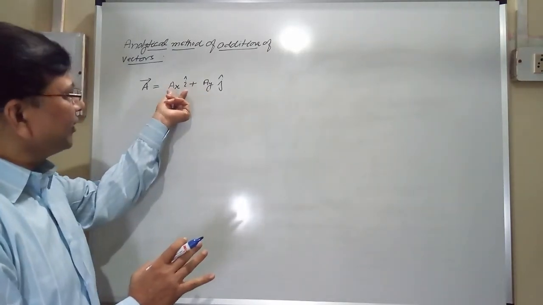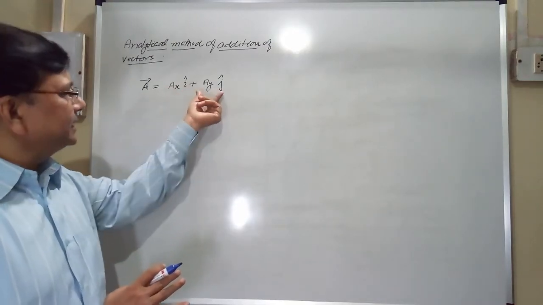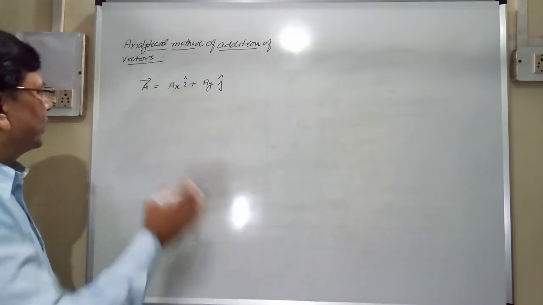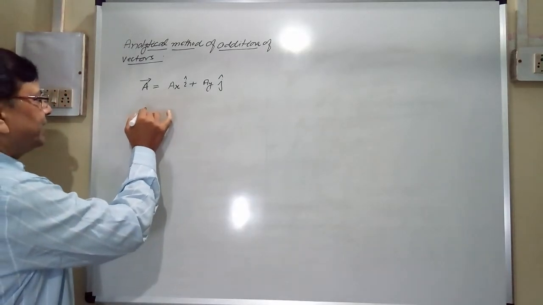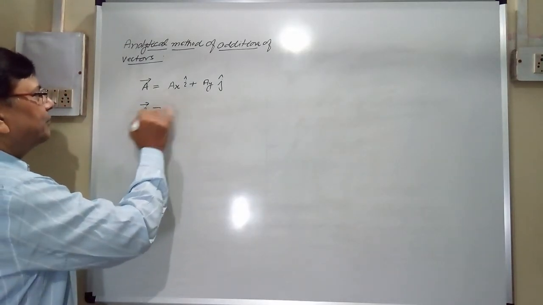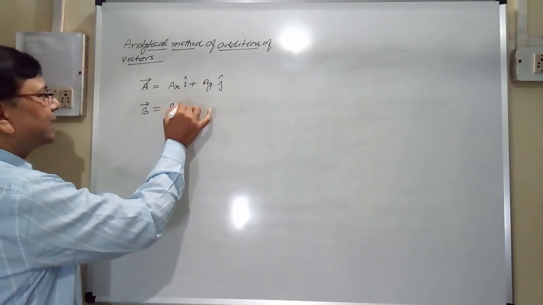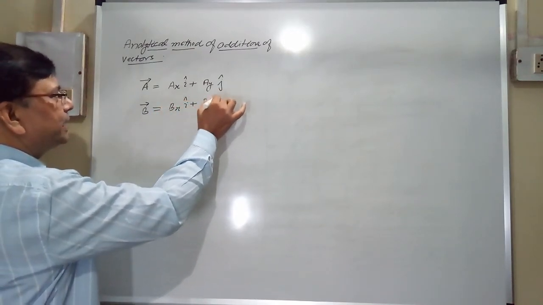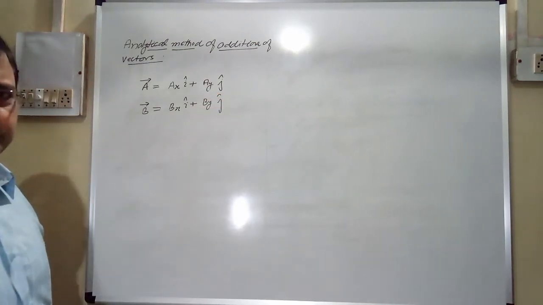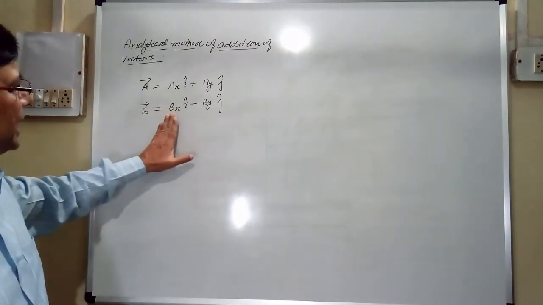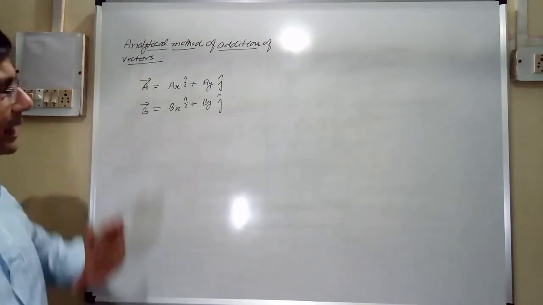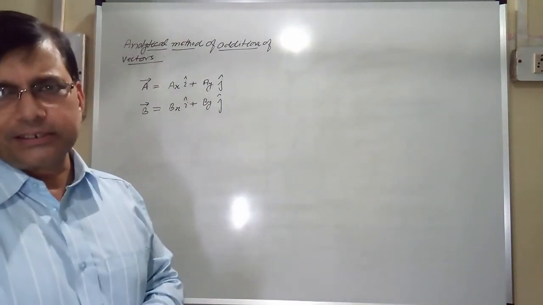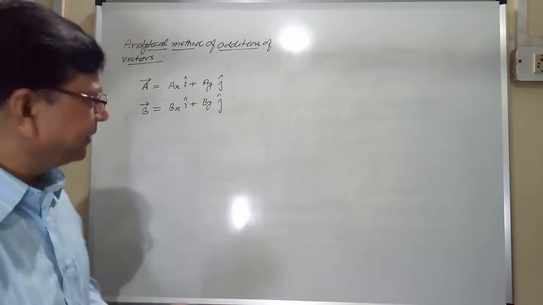This is the component of vector A along the x-axis, and this is the component of vector A along the y-axis. Now another vector B, suppose we are taking, B is bx i plus by j. Two vectors are there, and we have to find the addition of these two vectors analytically.